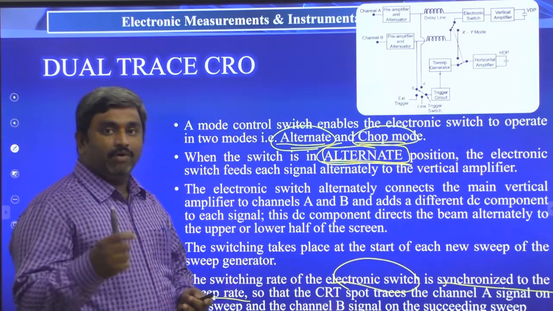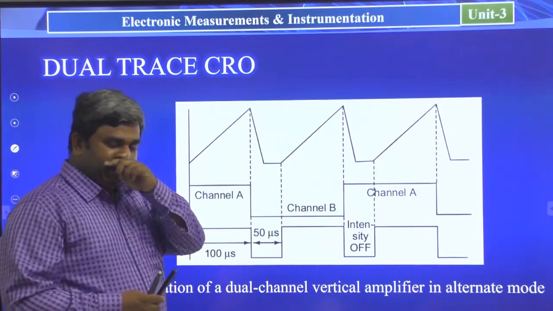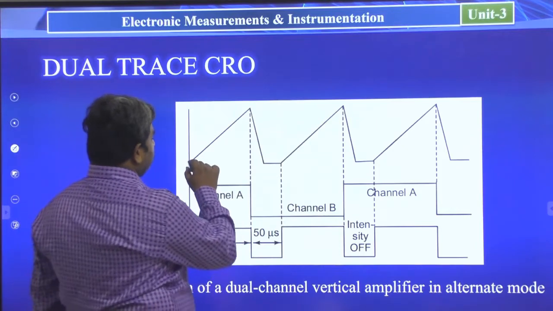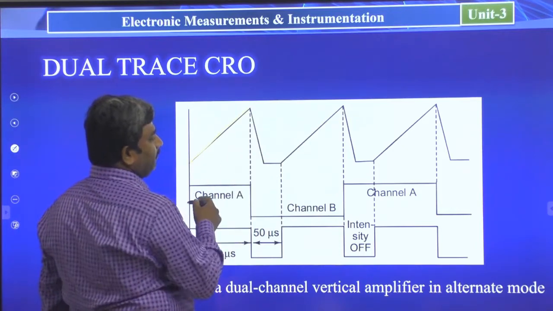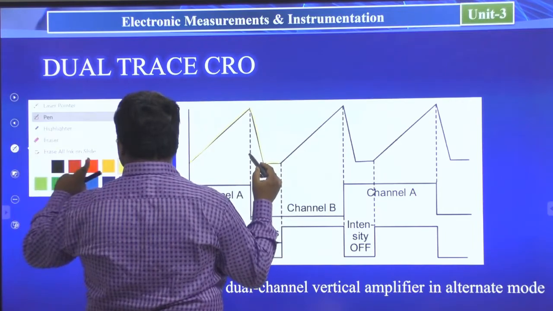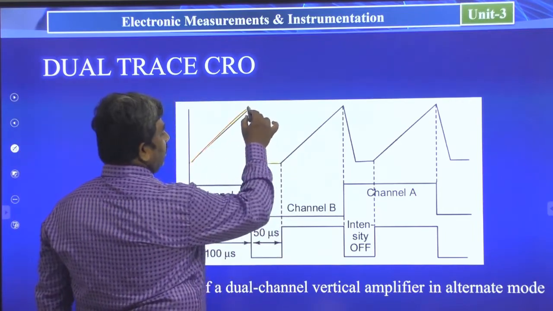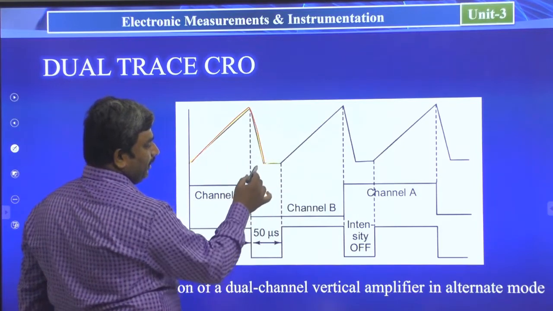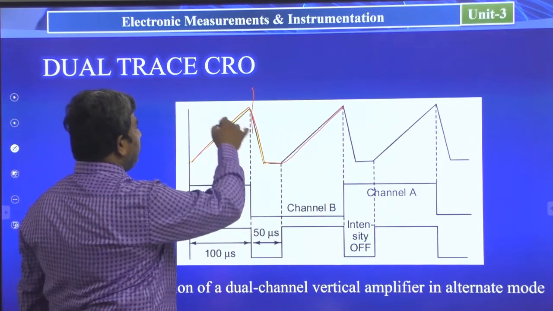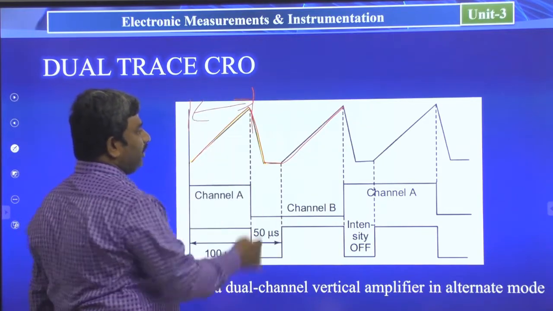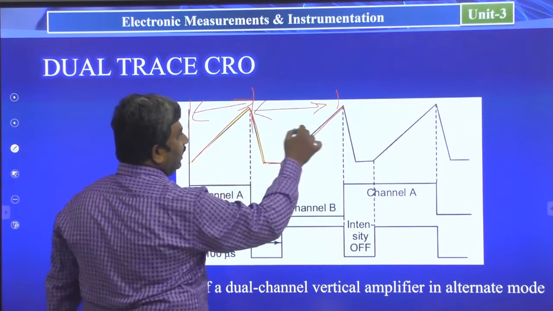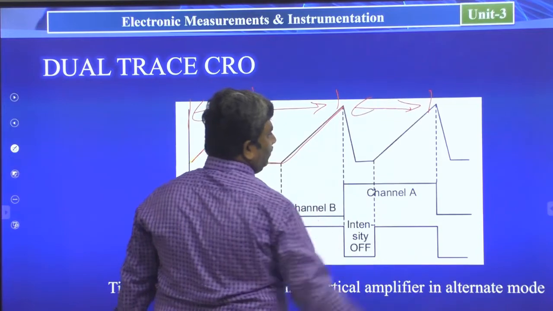So see here, we will see the graph with a sweep generator. This is the sweep signal. This is a charging period, next this is the retrace period and hold time, and this is again the charging period. So from here to here is one sweep period. After one sweep period, this is the second period and this is the third period.